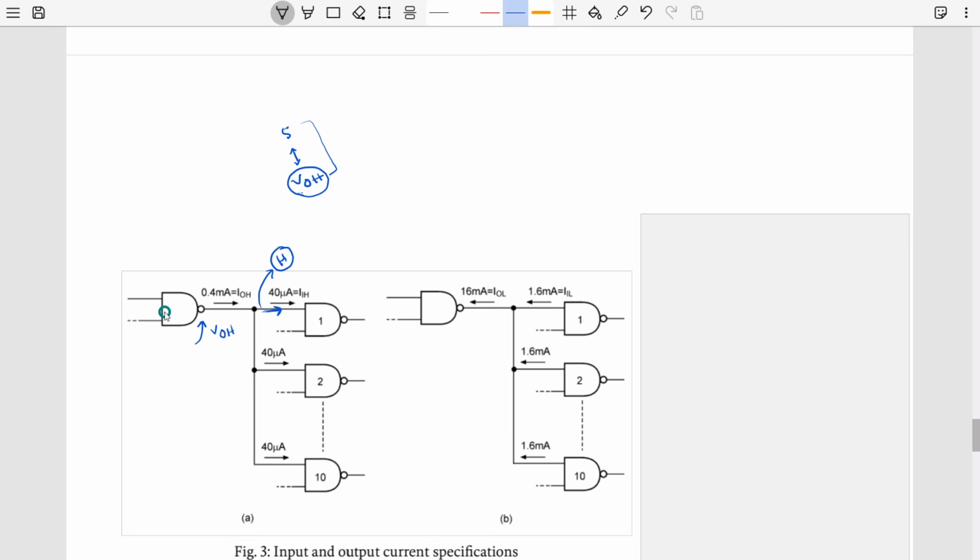So why does that happen? Just try to understand why it may happen that if it is providing the lowest possible voltage for representing logic 1, and a high amount of current is drawn from there by these gates, what bad can actually happen?